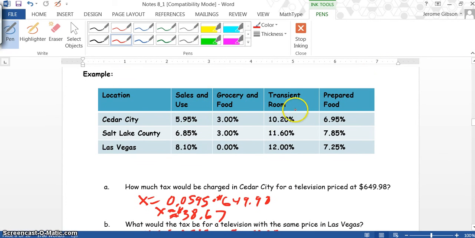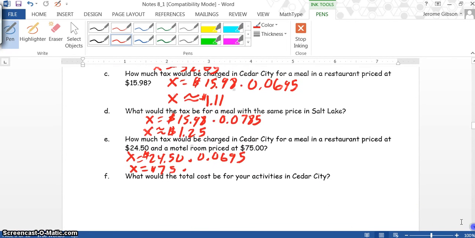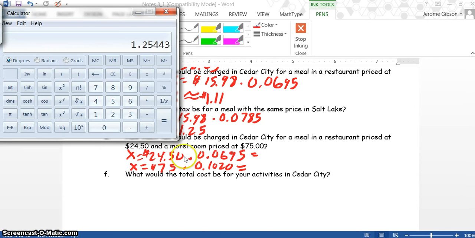It says here for a transient room, which is 10.20%. So we have 0.1020. So now we will multiply. So we will have 24.50 times 0.0695.